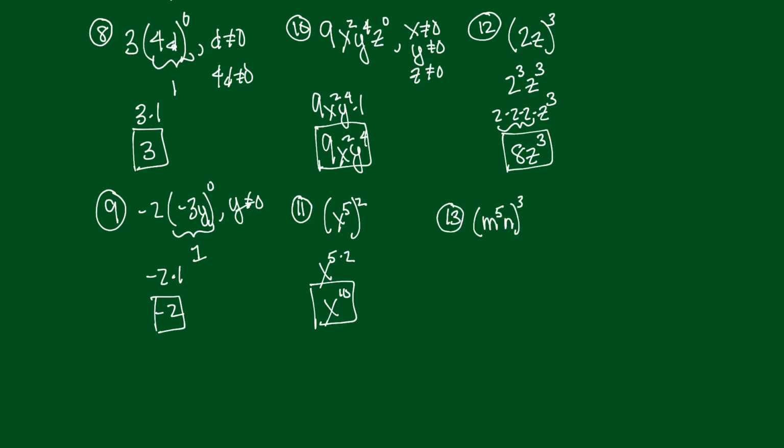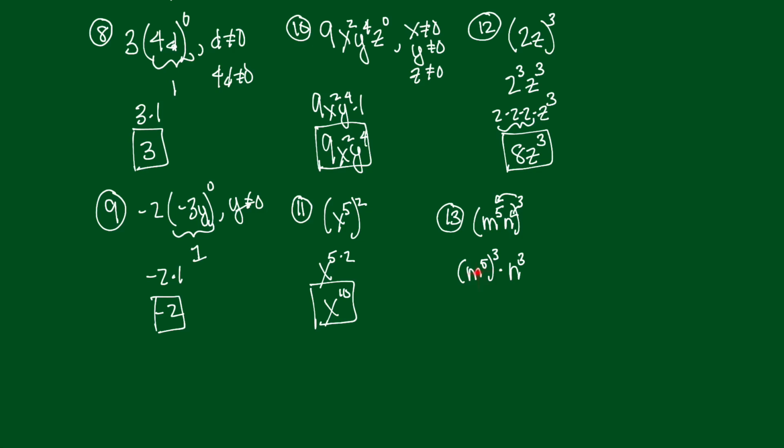In 13, look in here. We've got a multiplication, that's a product. I've got m to the 5th times n, so I'm raising a product to a power. So I'm going to distribute the exponent to each one. Now I'll do this in parts here. I'll get m to the 5th cubed times n cubed. Take that 3 and put it over here and here. Distribute it. Now look at this one right here.